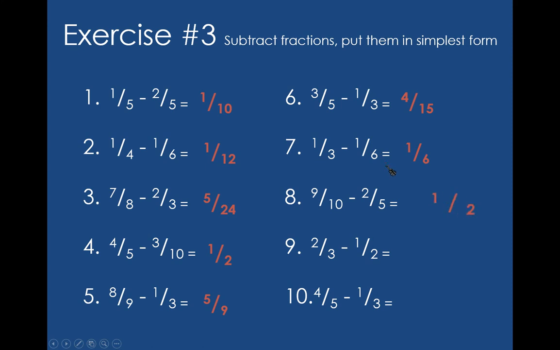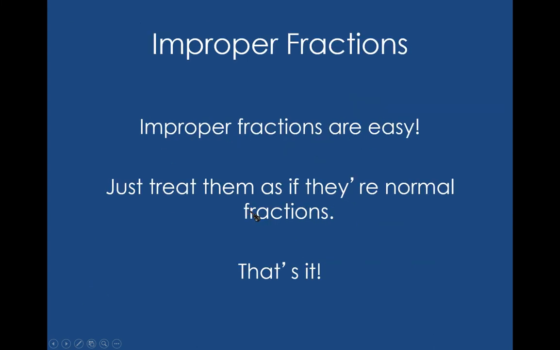The answer is 1/2. Number 9, 2/3 minus 1/2. Let's try to answer. What is the answer? The answer is 1 over 6. Then, number 10, 4 over 5 minus 1/3. What's the answer? 7 over 15.